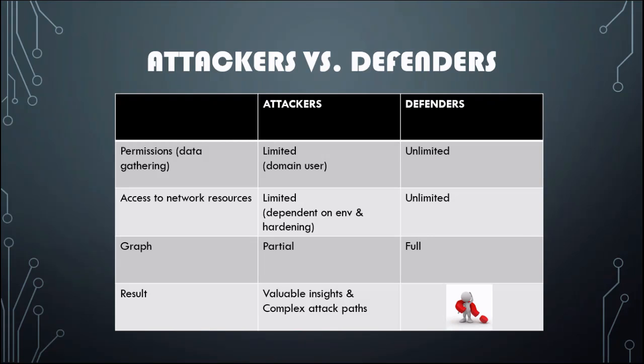Now, even though attackers are only working with a partial graph, we just saw with Bloodhound how they can use that graph to gain very valuable insights into our environment and find complex attack paths which would lead them to compromise one of our domain administrators. Well, if attackers are using those limited permissions and data sources and are still able to leverage graphs to their benefit, the question is, what can we as defenders do with our unlimited permissions and data sources and use graphs to defend our environment? This is exactly what I'll be covering in this session today.